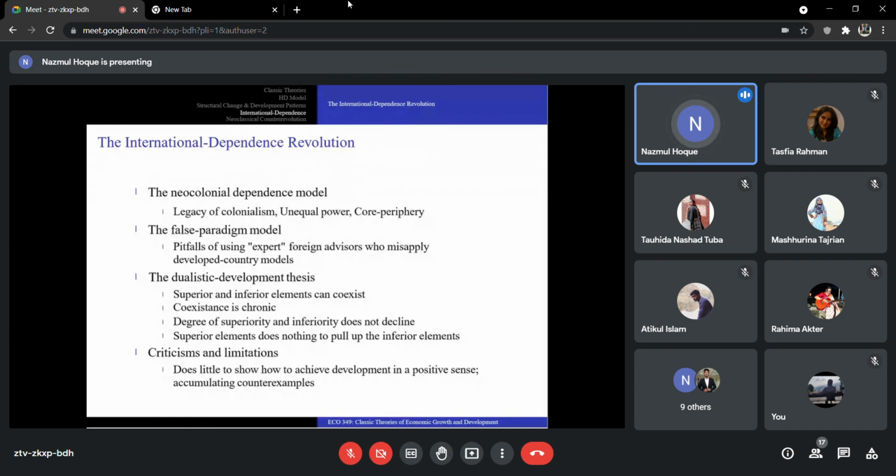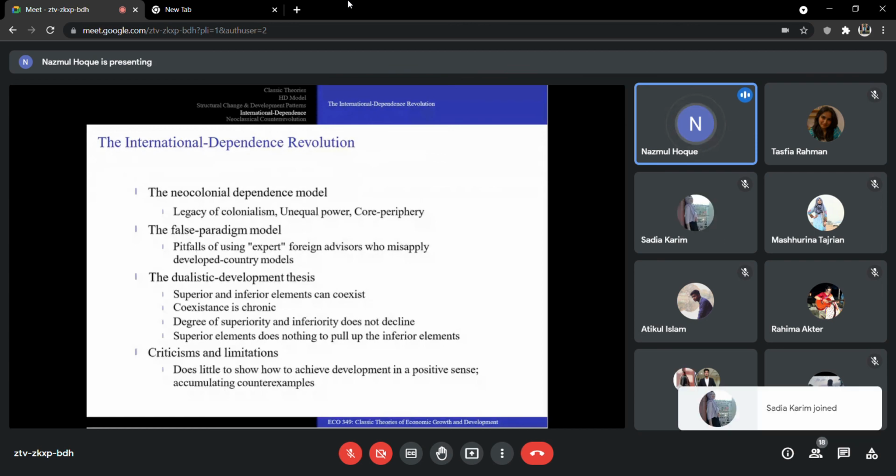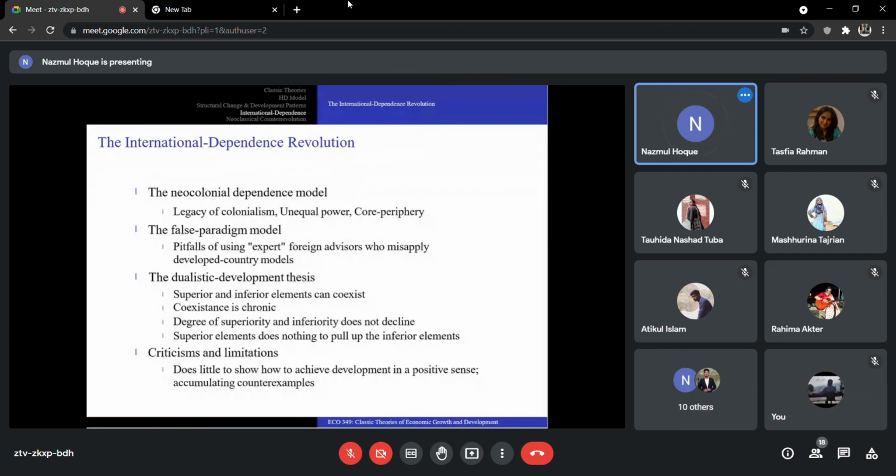Then we have the neoclassical revolution. This somehow dominated the discussion in the 80s and 90s, and has developed since then.